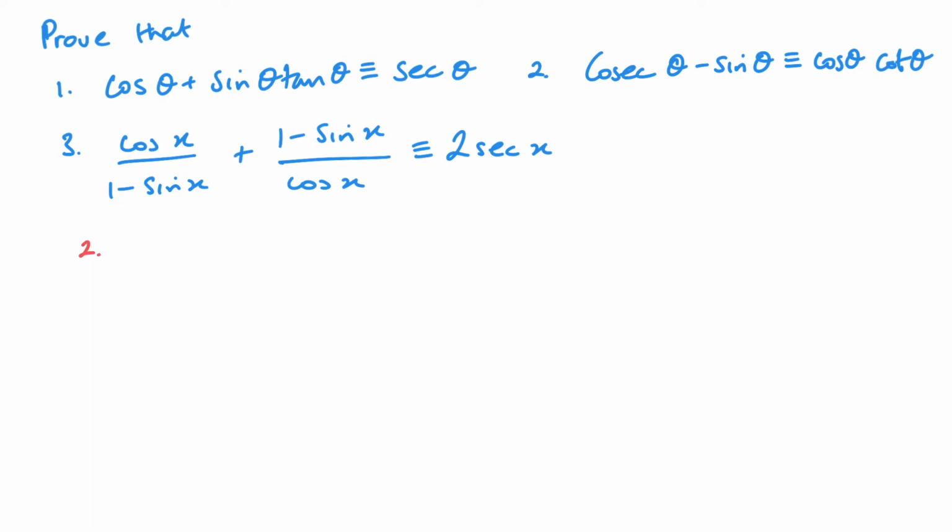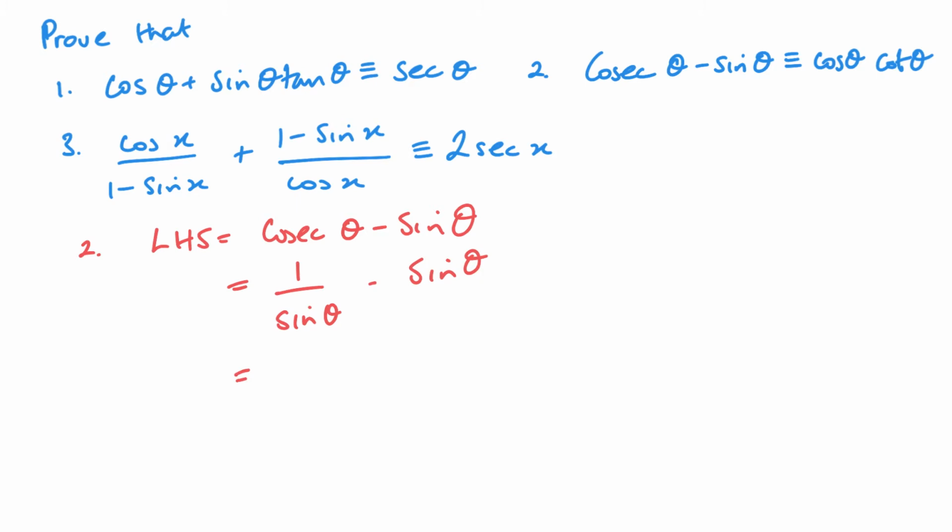Number 2. Let's start with the left hand side. So we get cosec theta minus sine theta. So obviously cos theta cot theta is together, so it looks like we're going to put these two together as a single fraction. So we get 1 over sine theta minus sine squared theta over sine theta.